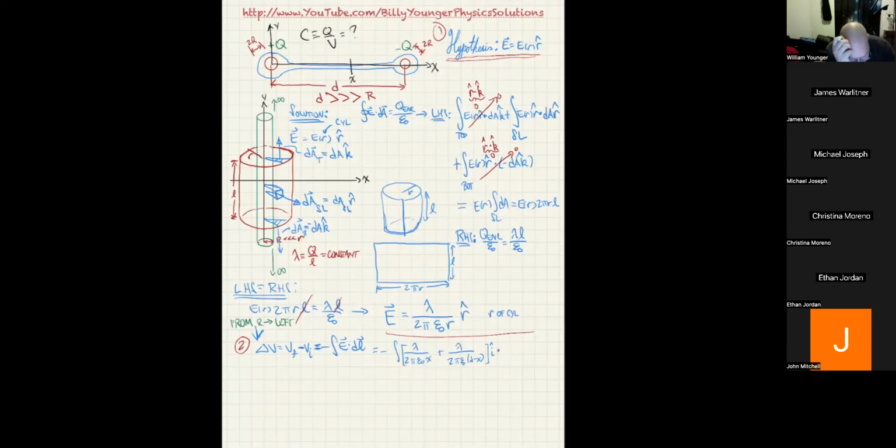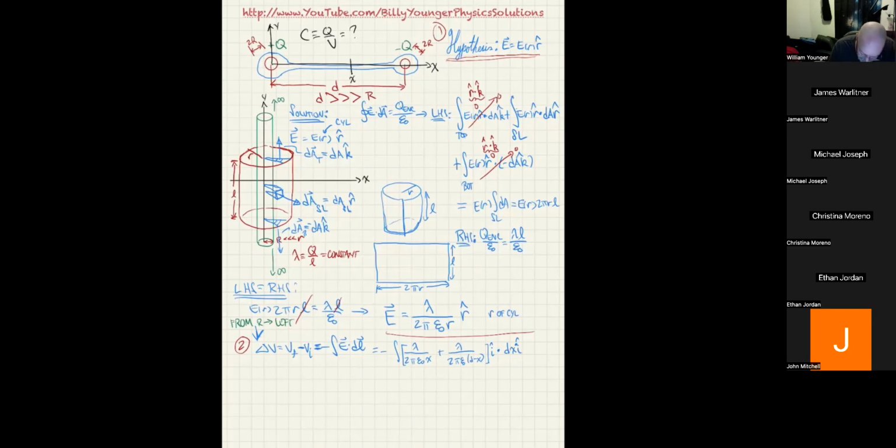I've been using the dL to indicate the direction of integration. This time I'm going to use the dL in the positive coordinate direction. So I'm just going to say dL is dx i hat. And then that means I am going to integrate from d minus r to, excuse me, to r.